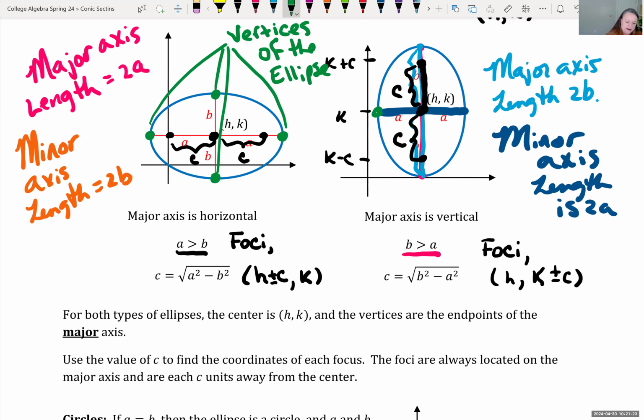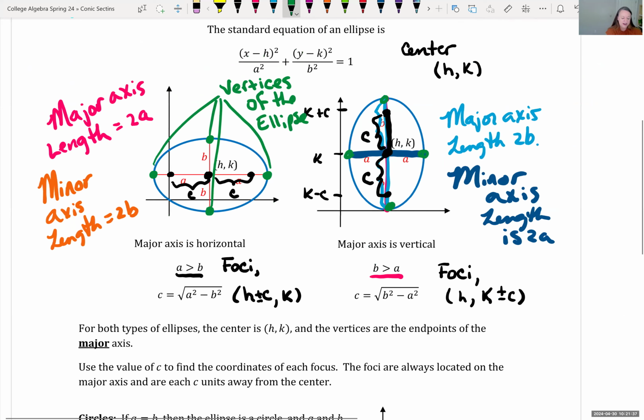Same thing right here, right here, right here, right here. Those are all vertices on the ellipse. So if we know the center, we can easily find the vertices. Going back to our equation, we can get the length of A by taking the square root of our denominator here, and the length of B by taking the square root of the denominator there. It has to be in standard form though.